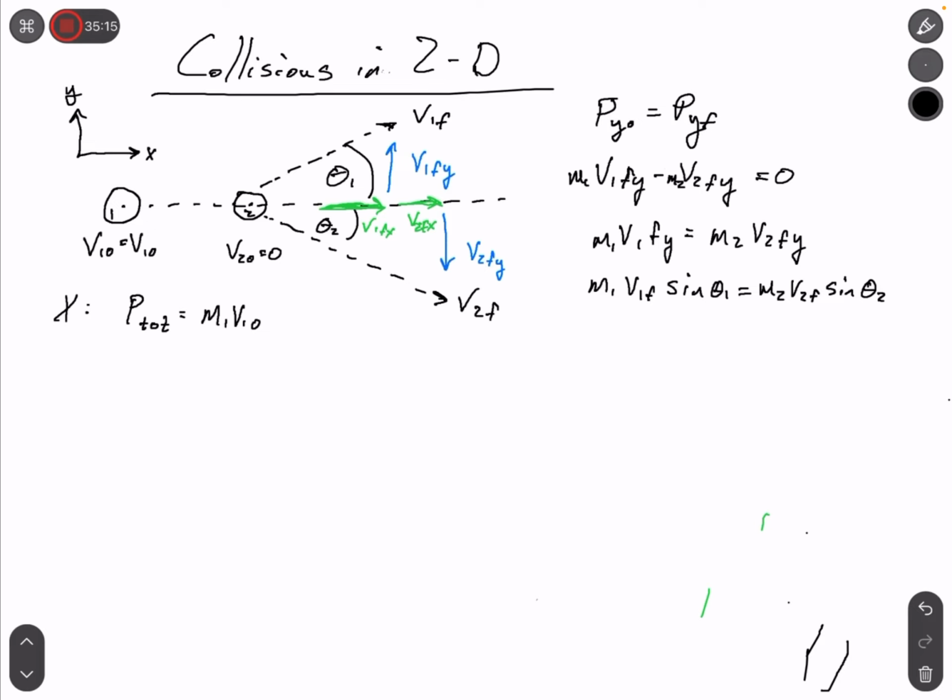Those have to be equal. So that is a statement that we can count on. We can call that equation 1 if we want to. I don't know if I want to or not, but I'm going to.